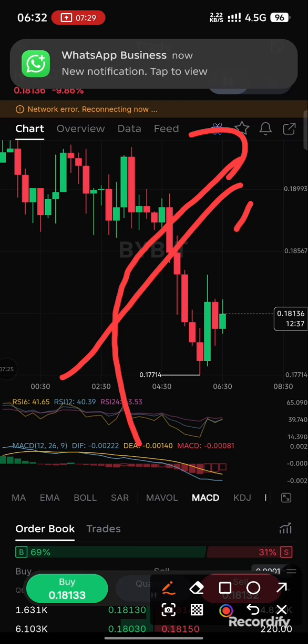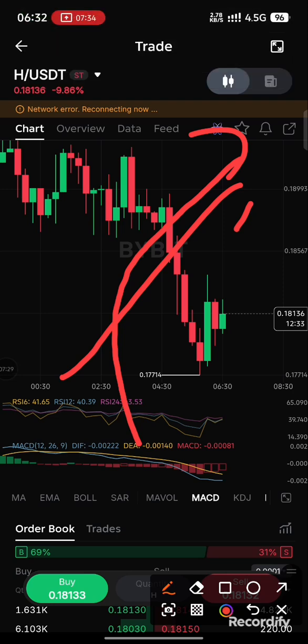Don't forget this: when the MACD line crosses the signal line upward, you should buy, and when the MACD line crosses the signal line downward, you should sell. The logic is very simple.